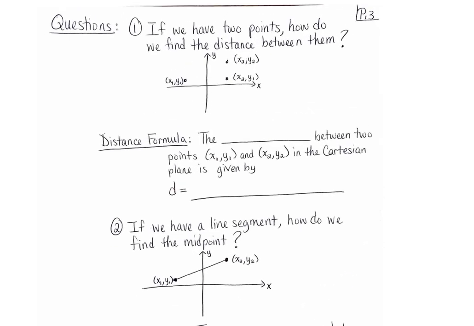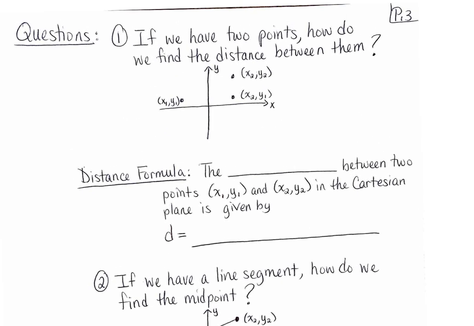Okay, so if we have 2 points, how do we find the distance between them? In other words, if we have points (x1, y1) and (x2, y1), notice they're on the same line, so their y values are the same. If we have these two, and we have these two as well, then what can we say?